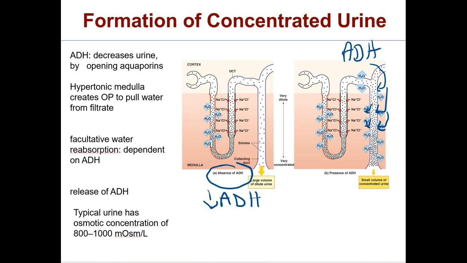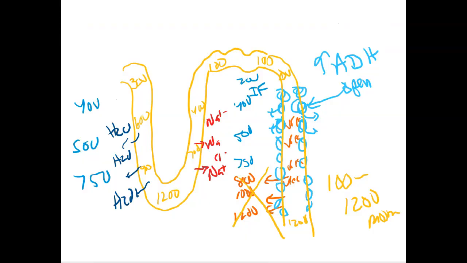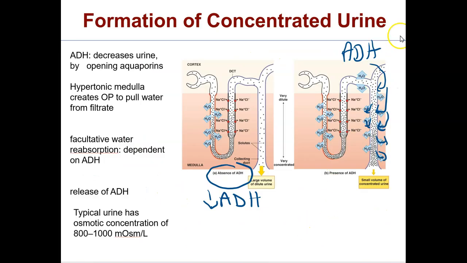So if I release a lot of ADH, I can open all those water channels, all of them throughout, and then I'm going to have my urine leave at about 1200 milliosmoles, which is very, very concentrated and will look very, very dark yellow because there's not much water in there. And so this gives me the ability to change my urine output, the amount of water that's excreted, based on the aquaporins. And as we said earlier, this is called facultative water reabsorption.